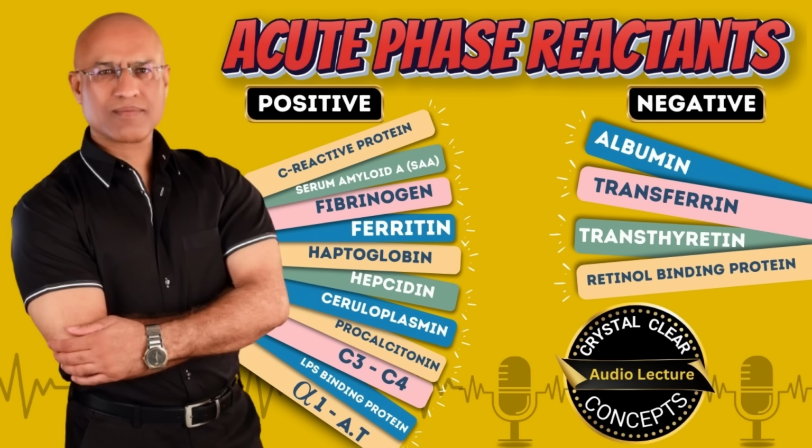Actually, acute phase reactants are a group of proteins present in plasma, which significantly increase or decrease in their concentration whenever there is damage to our body.